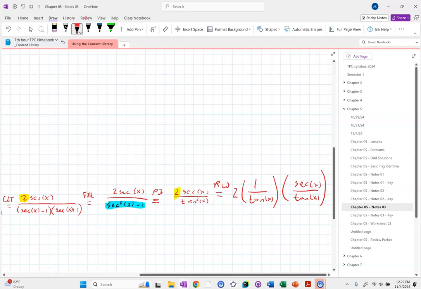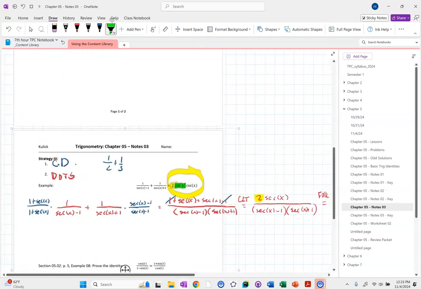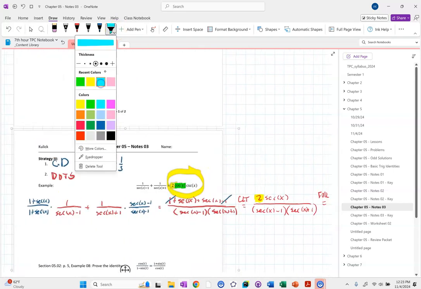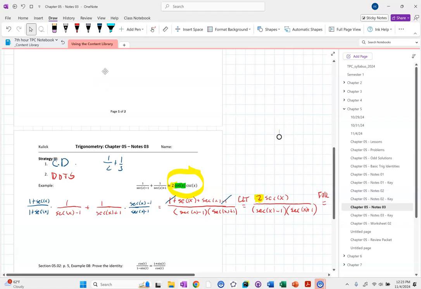How'd you get the secant over tangent? So I took the tan squared and rewrote it as tan times tan, right? Oh, okay. So I have this piece that's the same as the cotangent. Can we put that someplace where we're going to be less likely to kick it over, since we've done it a couple of times now?